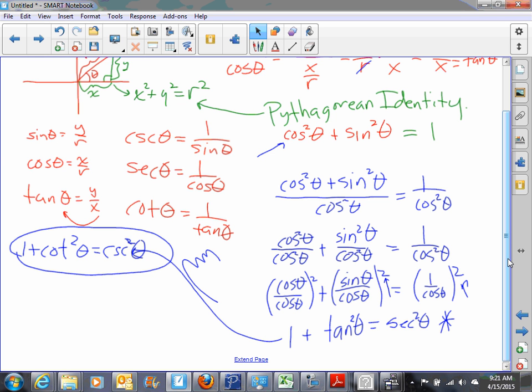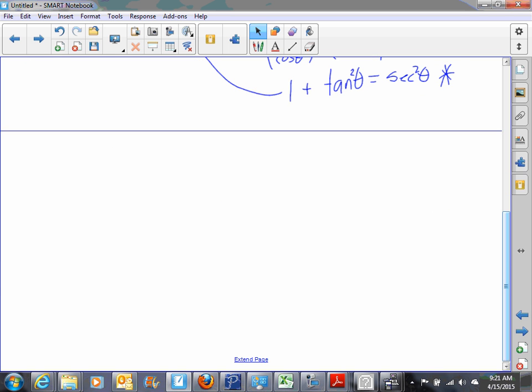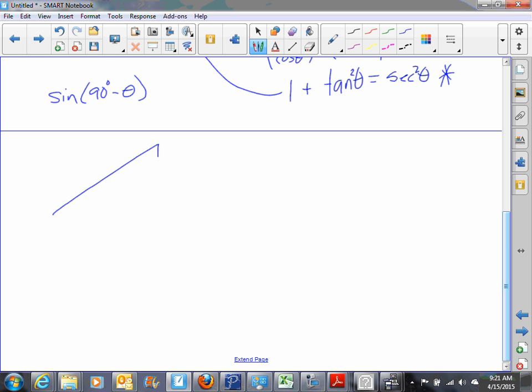All right, the next thing we want to take stock of is what is called the co-function identities. Now, let's take a look at sine of 90 degrees minus theta. Okay, now I'm going to go back and appeal to the right triangle concept of SOHCAHTOA.